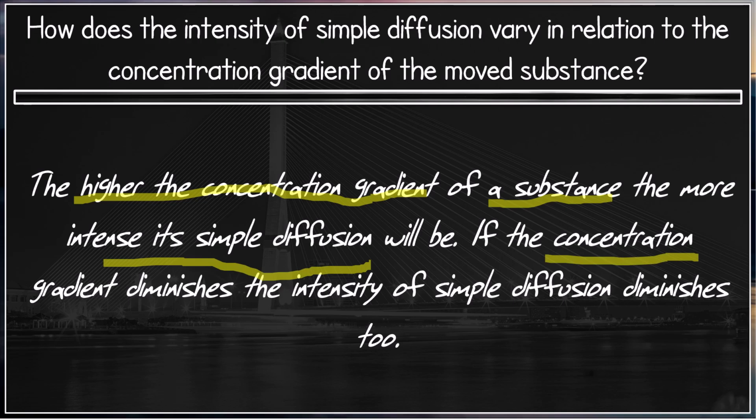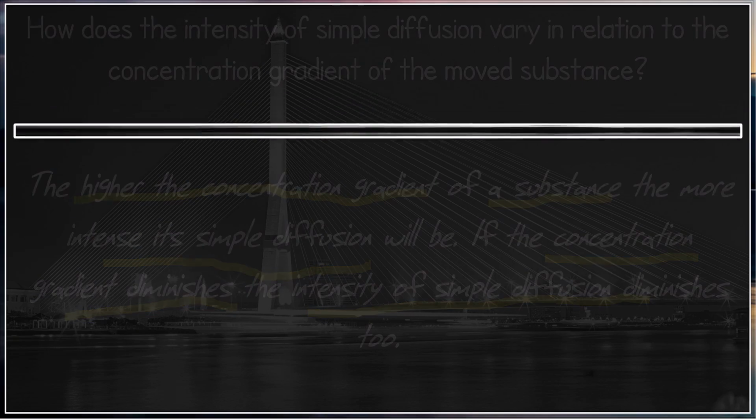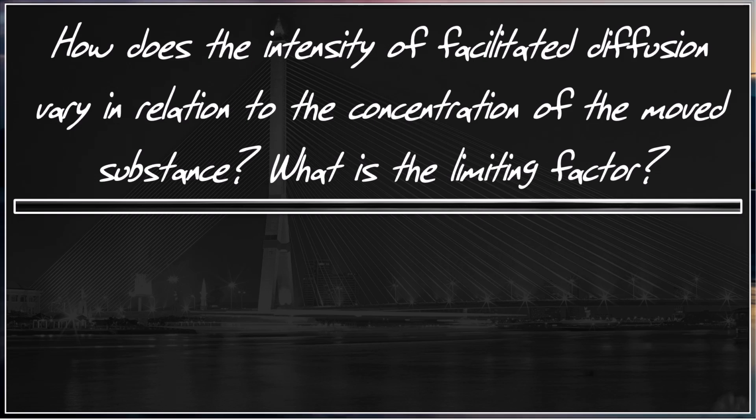If the concentration gradient diminishes, the intensity of simple diffusion diminishes too. How does the intensity of facilitated diffusion vary in relation to the concentration of moved substances? What is the limiting factor?